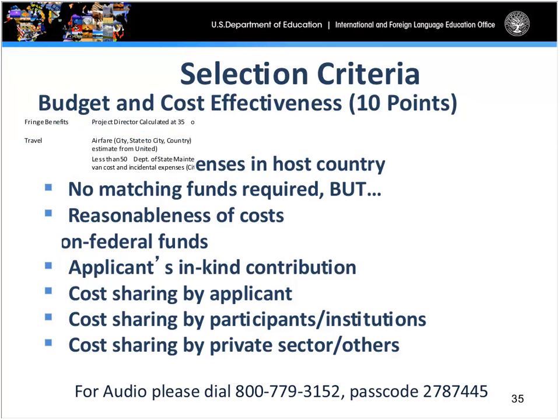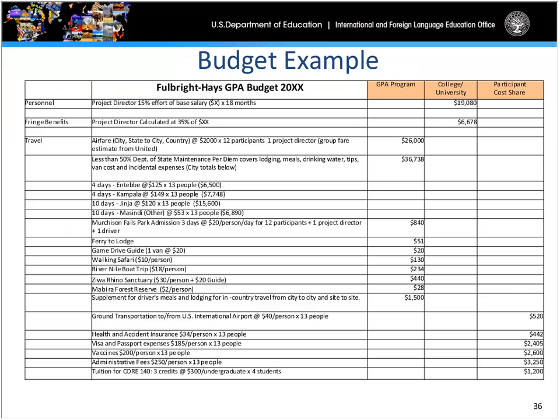Also, you want to make sure that any costs associated with the participants, things like entrance fees to museums or cultural excursions or things of that sort, are completely documented, and that they link back to the academic portion of the program or the faculty development portion of the program.